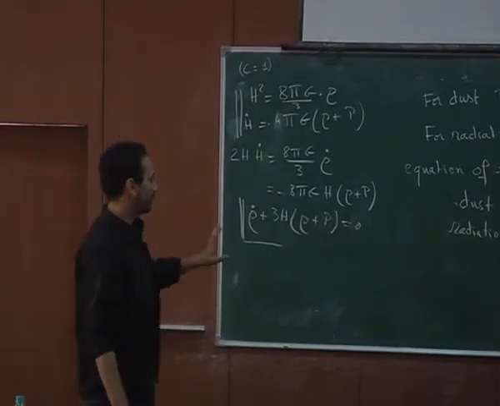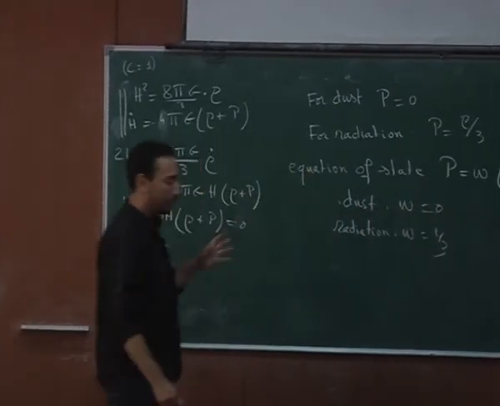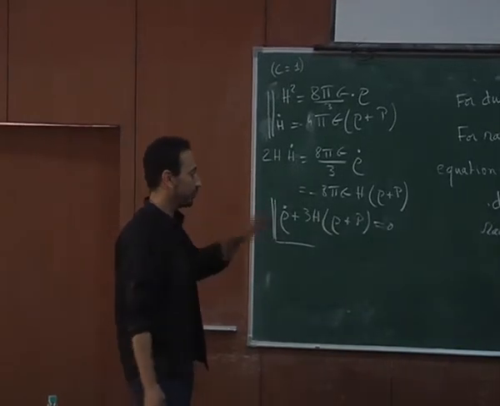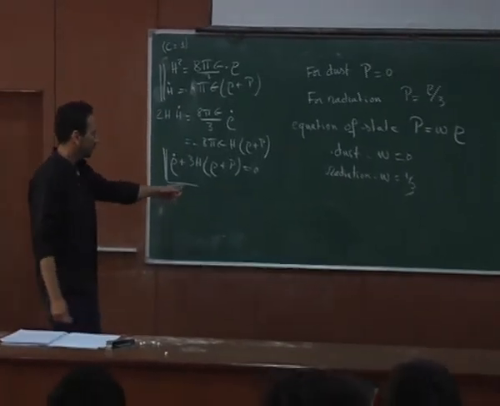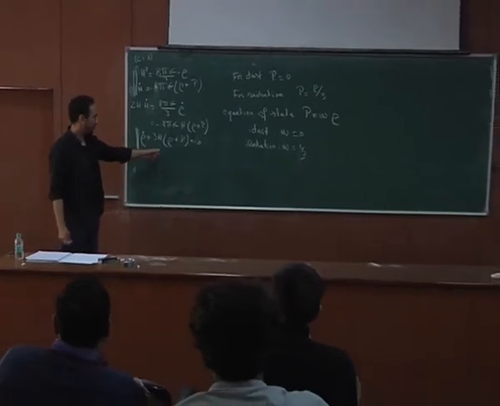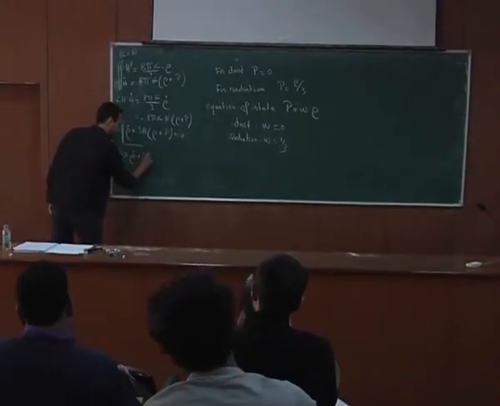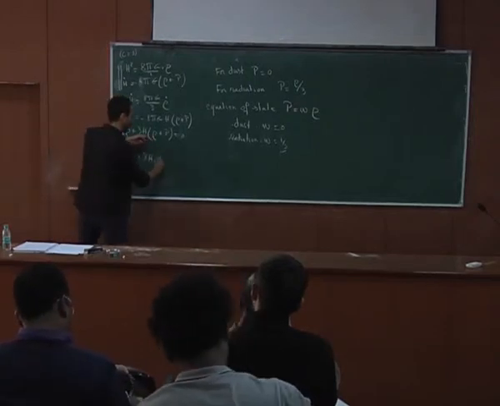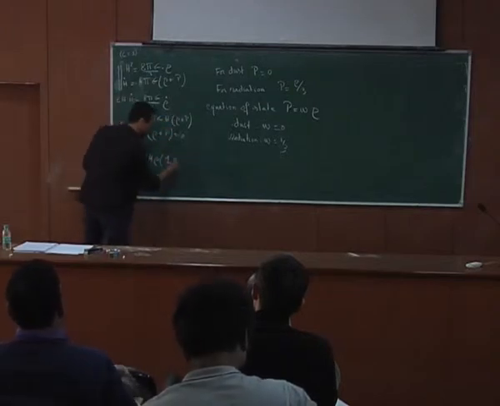You can have different equations of state, and then you can calculate everything that you need. Imagine that we consider the generic case that the pressure is W times the density, but it's not that generic because I will consider W a constant. The most generic case would be that W is not a constant and depends on time. So I just replace in this equation, and what I get is rho dot plus 3h, I factorize the density, and I get (1 plus P divided by the density, which is W).